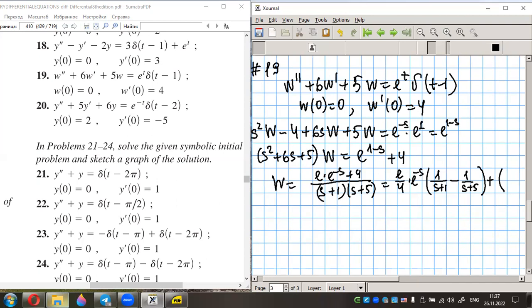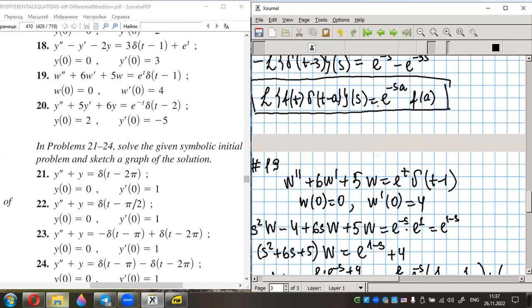Here we use this formula, the Laplace transform of f times delta. Instead of a, we have 1, a equals 1, f of t equals e to the t.